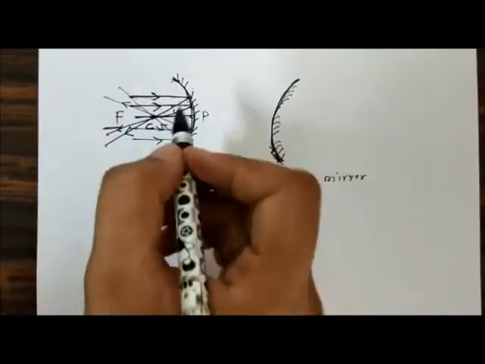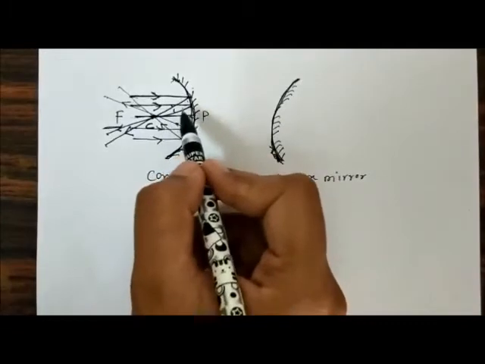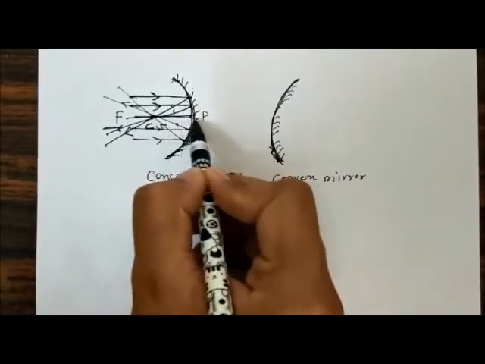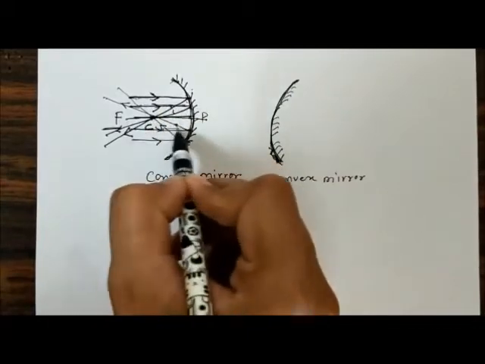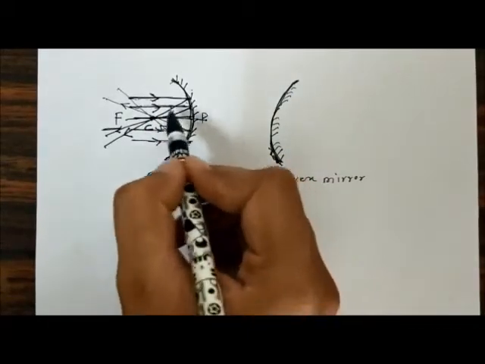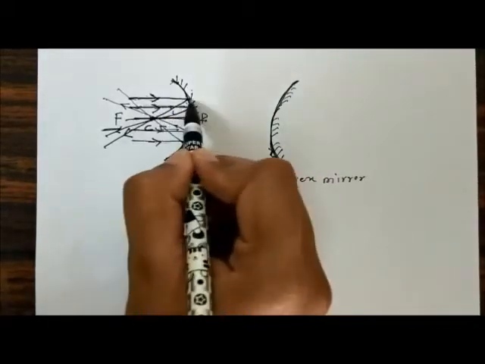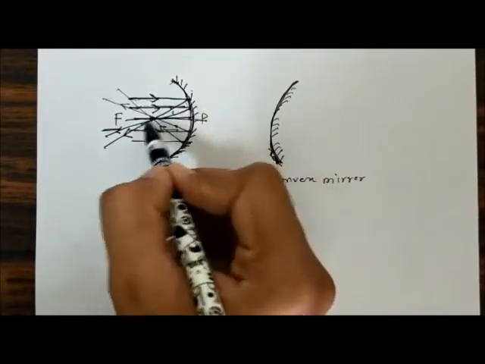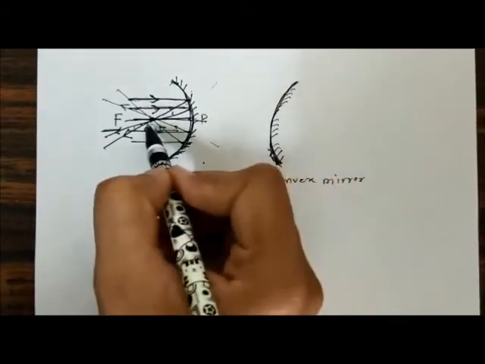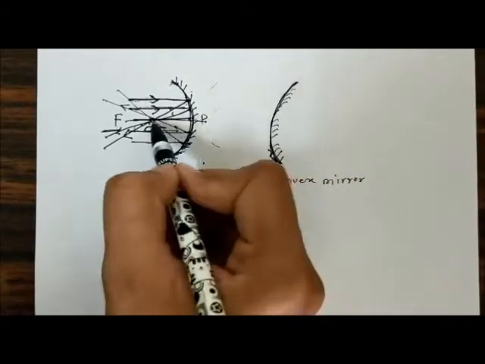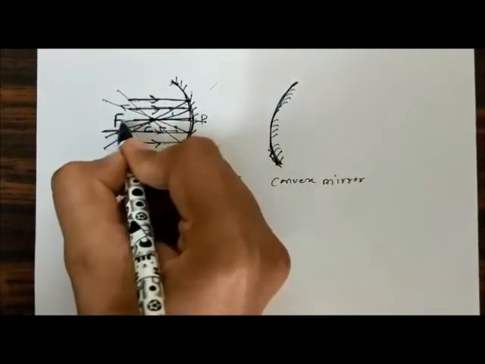Principal focus is the point on the principal axis where all the incident light parallel to the principal axis converges or diverges after reflection from the mirror.